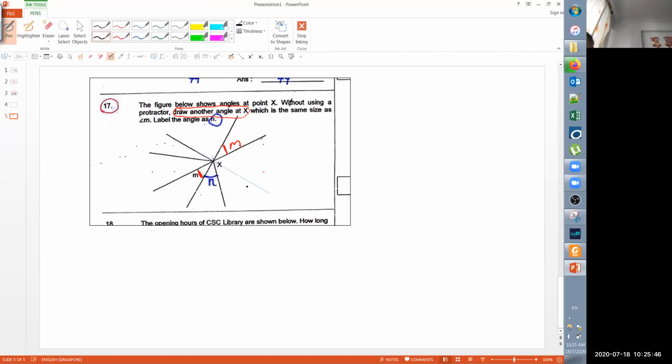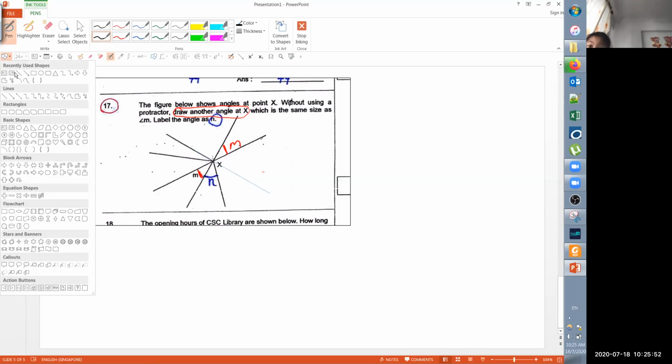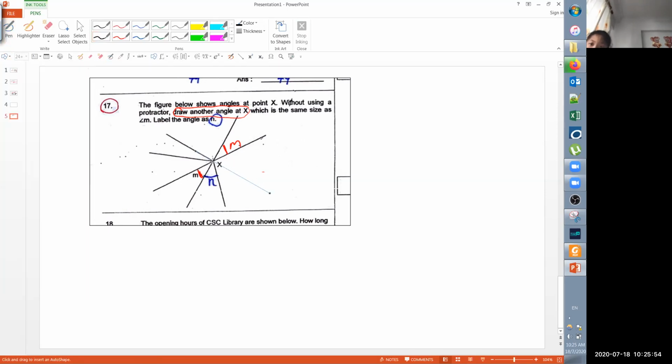Okay, if I insert a straight line here, I can also insert one more straight line here. So what it means is, I call this 1, and this will be 1, right?